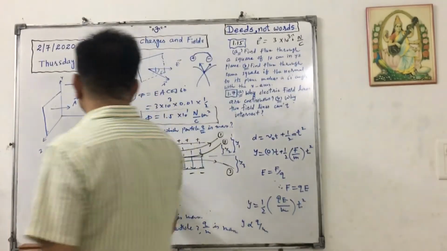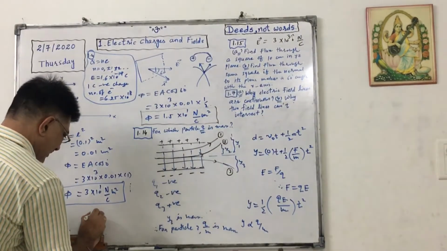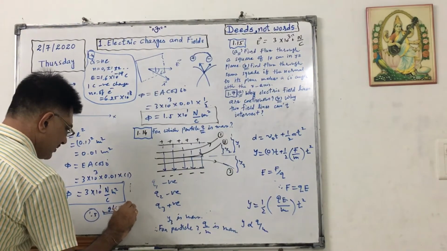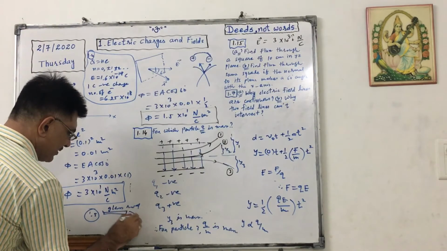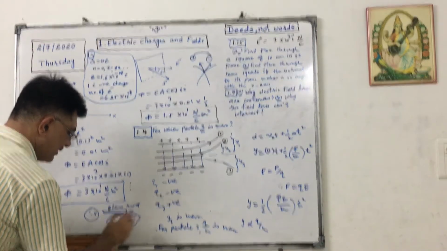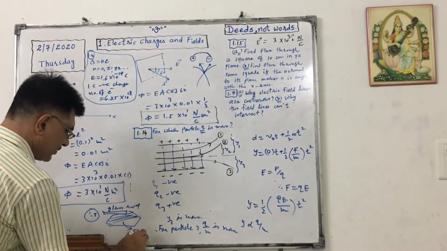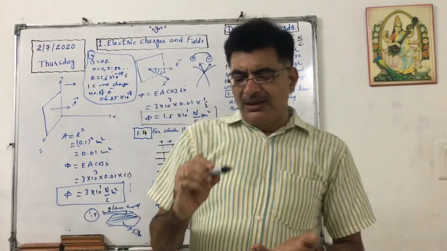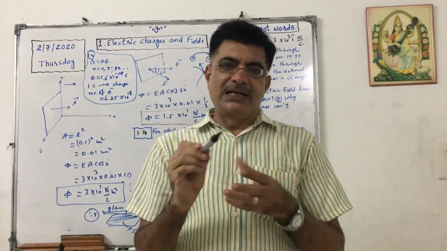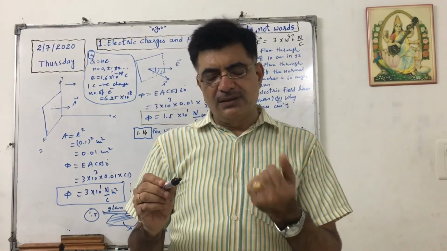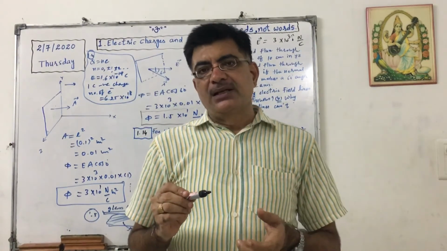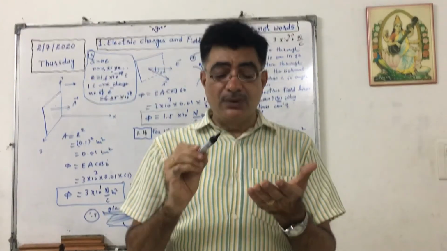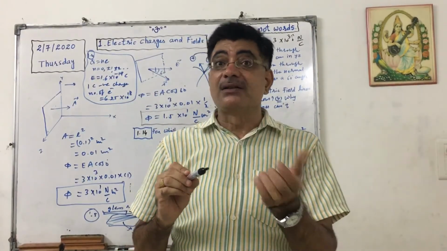And then question 1.5. We have to rub a glass rod with a silk cloth. In that case what will happen? The glass rod will lose electrons and the silk cloth will gain them. So the number of electrons lost by the glass rod will be equal to the number of electrons gained by the silk cloth.